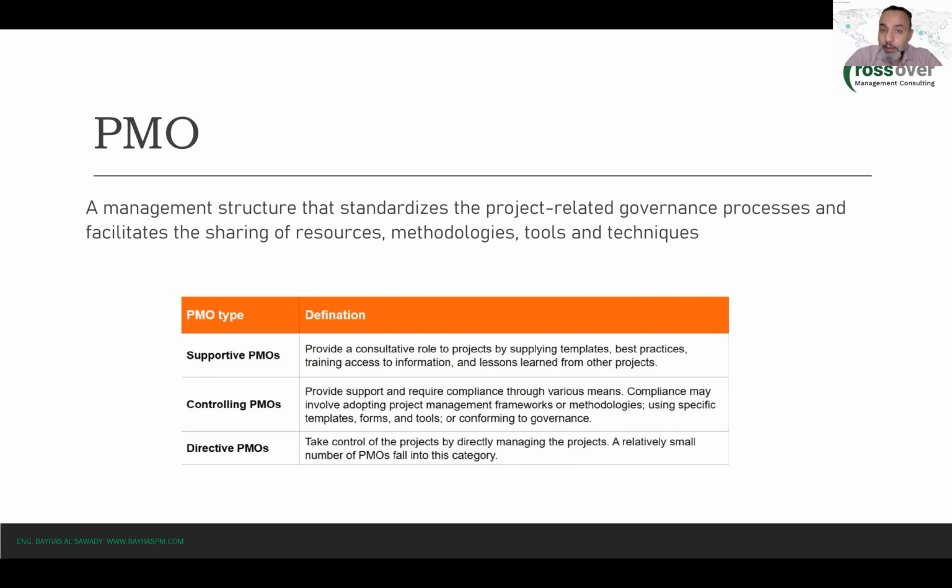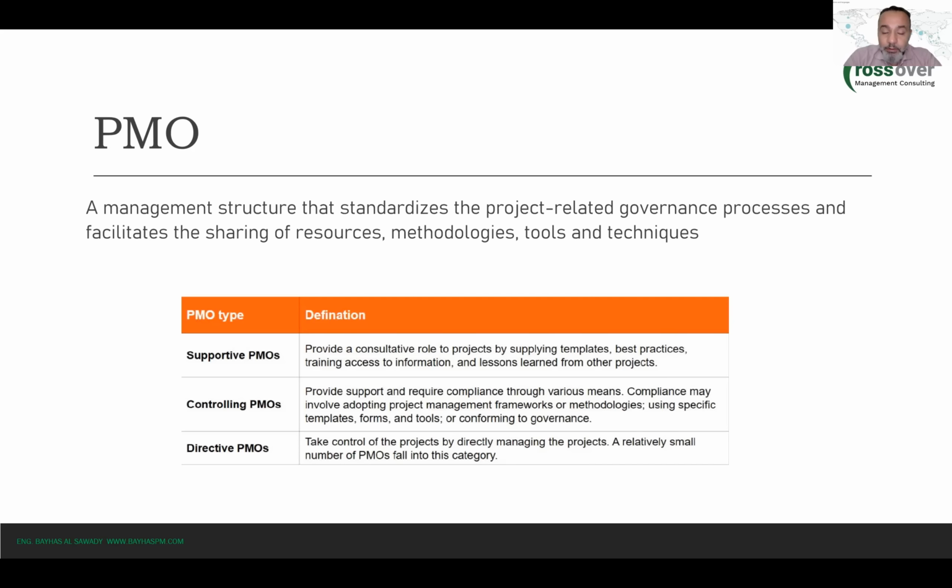So they take control over all the projects in the organization, and they directly manage them. And this is the highest level of operation in the PMO. Okay, you might also expect one question on this, on the different types of the PMOs. So these are the three types of the PMO.